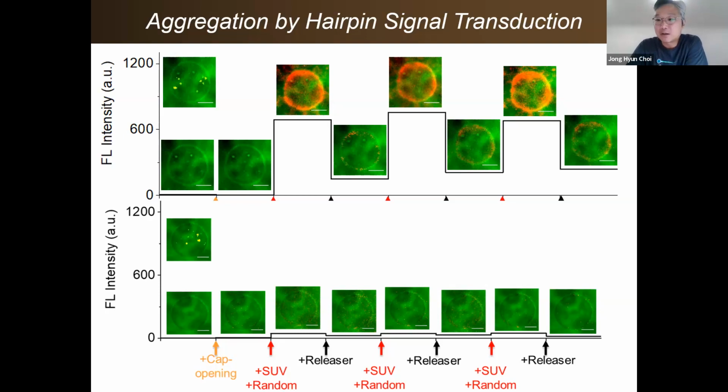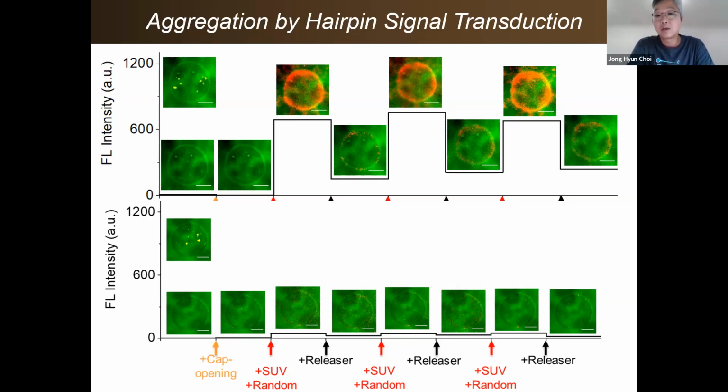Let me move on to the next question: how are the kinetics of the aggregation and the reverse process? Yes, this is a really good question, and obviously this is something that we couldn't study much. The bottleneck is the diffusion of the hairpins.